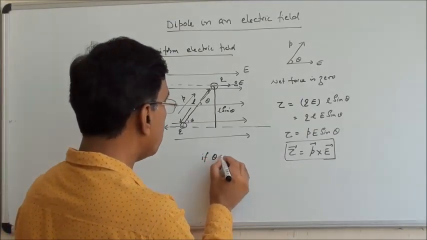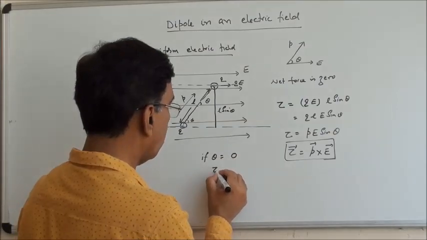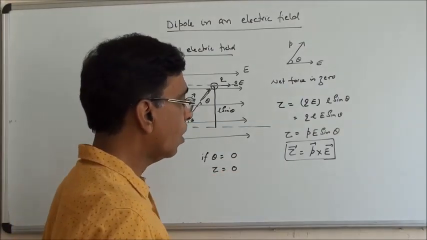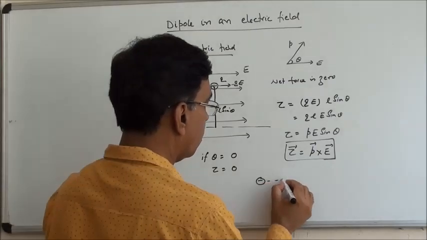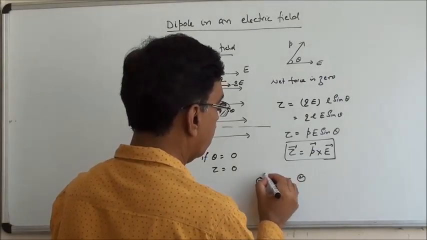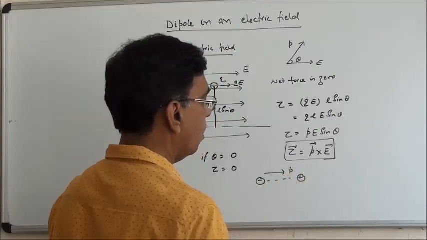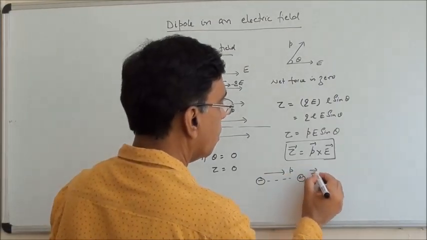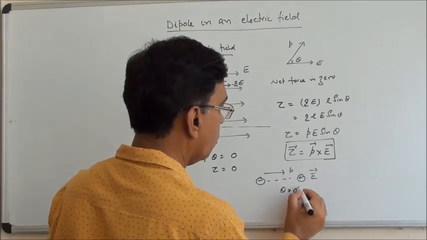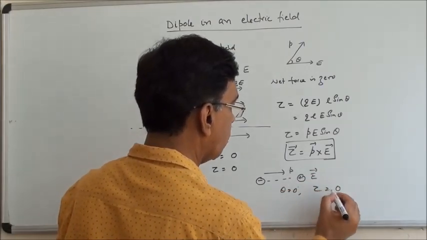If theta is 0, torque will be 0. Theta 0 means the dipole is like this, because P and E are in the same direction, theta 0, so torque is 0.